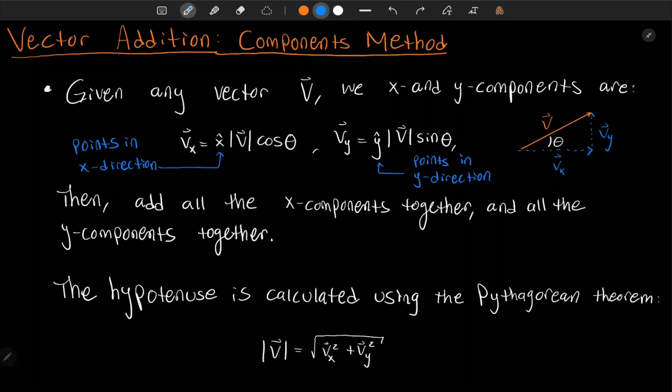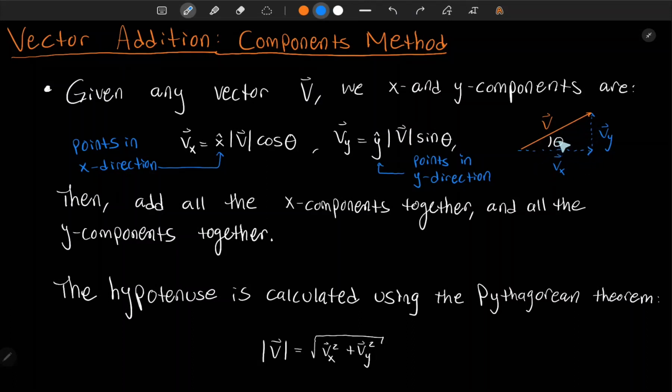So a diagram of this is seen here. So the orange vector is our original vector v, and theta is the direction of v. So it's the angle that it makes with the x-axis. Then the vx is the x component of v. So if you just drew a dotted line from the tail of v until you got right underneath the tip of v, that would be vx.